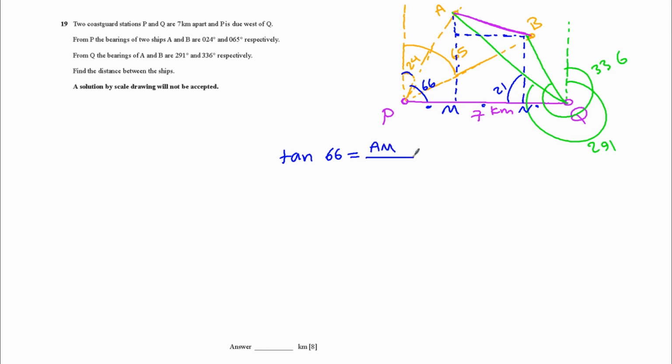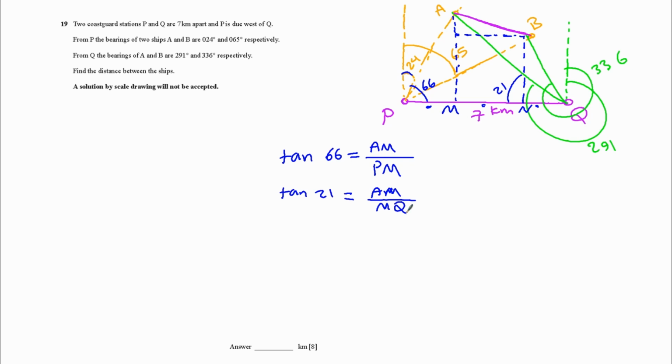Also, on the triangle AMQ, I can write tan of 21 equals AM over MQ. I also know that PM plus MQ equals 7, because that is 7 kilometers that we have.